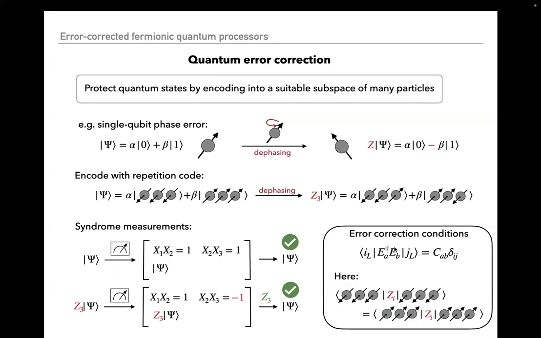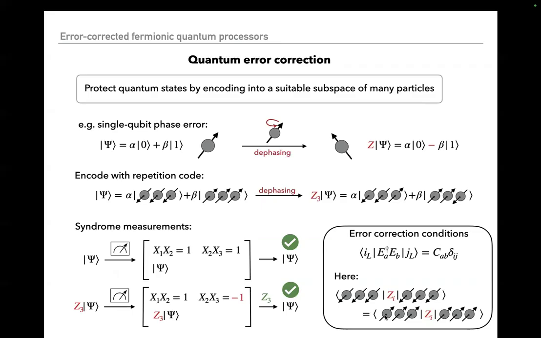They tell you that this condition has to be fulfilled for some Hermitian matrix C, and that the logical states need to be orthogonal in the logical basis. Loosely speaking, if you have an error, for instance a Z acting on any of the atoms, you would expect that in both logical states the expectation value of this operator is the same.